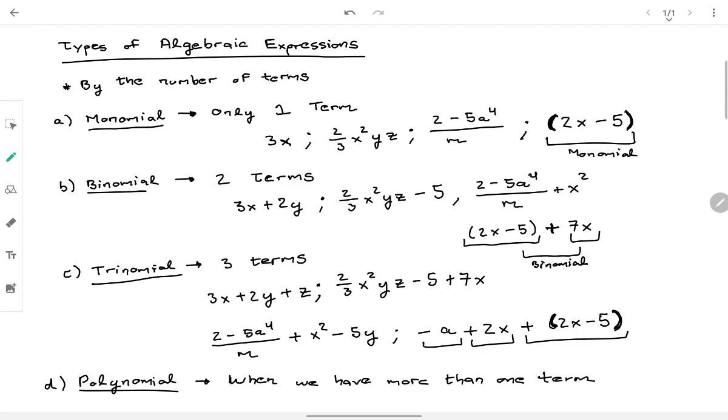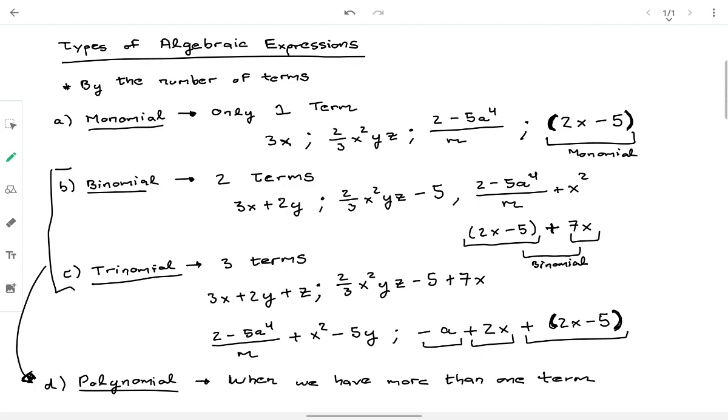That means that binomial and trinomial are also polynomials, because polynomials can be with 2 terms, with 3 terms, with 4 terms, etc. So binomial and trinomial are also a polynomial. So that will be the typical classification of algebraic expressions: monomial, binomial, trinomial, and polynomial.